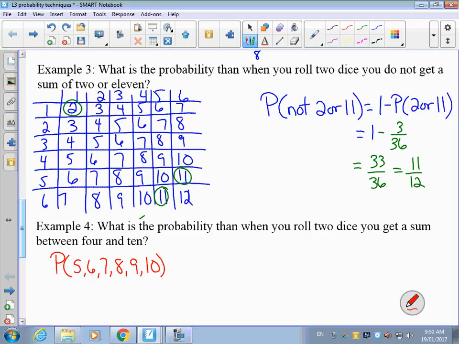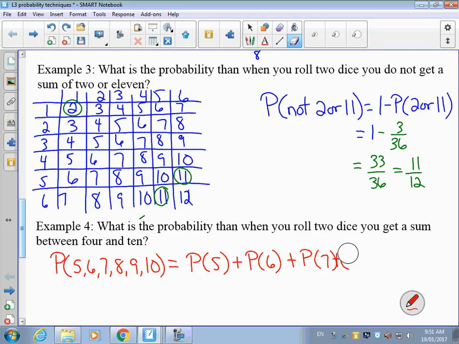I want to know when I get all those numbers, which is really the probability of 5 plus the probability of 6 plus the probability of 7 plus the probability of 8 plus the probability of 9. You've got the idea.